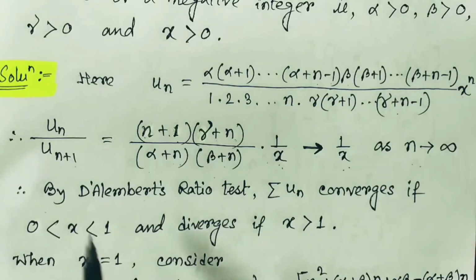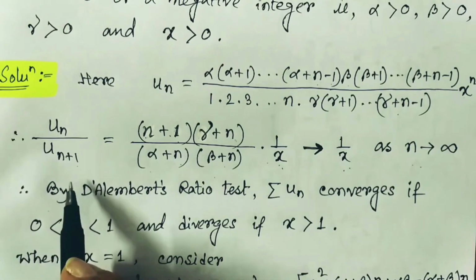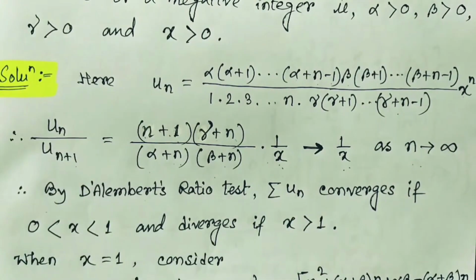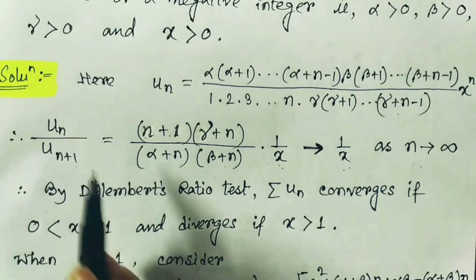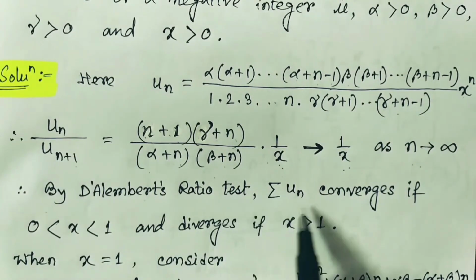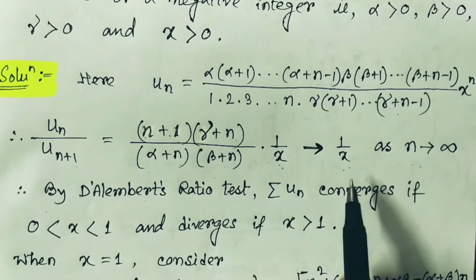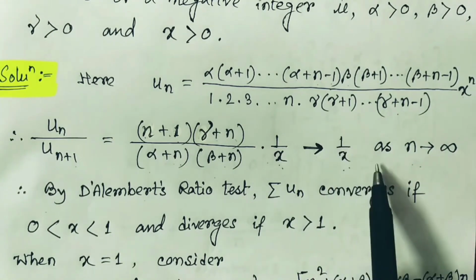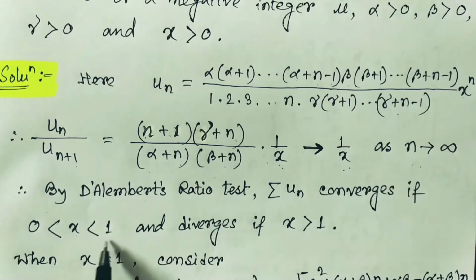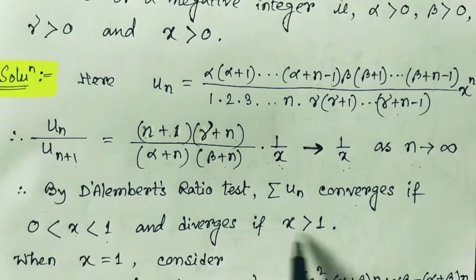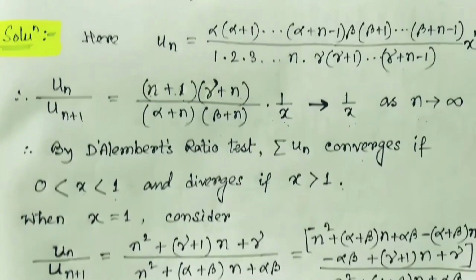Remember, usually for D'Alembert's ratio test we consider the ratio un plus 1 by un, but here it is reversed. That's why the conclusion is also reversed. So by D'Alembert's ratio test, we say the series is convergent when this entire part is greater than 1. That means for x less than 1 the series is convergent, and divergent for x greater than 1. And definitely the test fails when x is equal to 1.